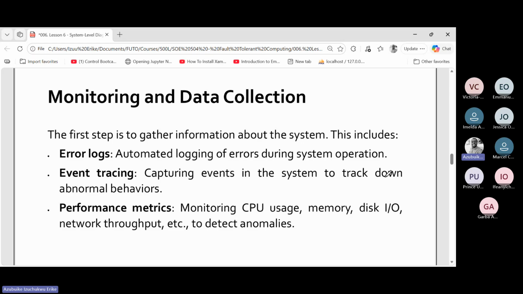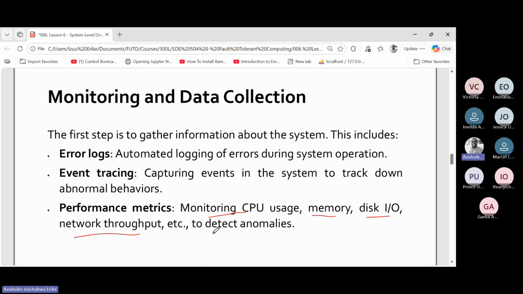We need to capture events in the system so as to know which event triggered an abnormal behavior. And then we have to also have a setup that helps us to monitor CPU usage, memory usage, disk IO, network throughputs, and so on and so forth.